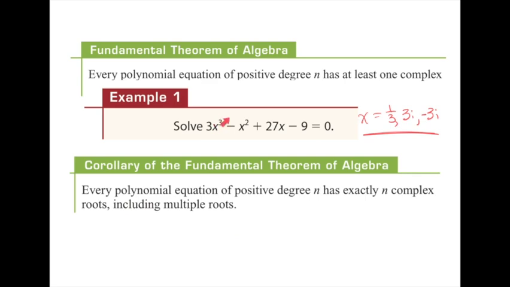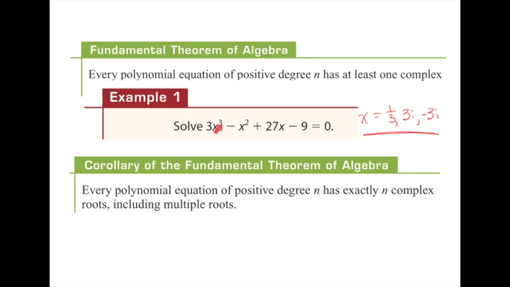That whatever your degree is, remember your degree is your highest exponent, then you will have exactly that number of zeros. Even if some of them are imaginary, or even if some of them are square roots, you will have exactly that many, or even if they repeat. So you could have x minus 1 as your factors, and technically 1 happens twice. Even if they repeat, you're going to have exactly that many.